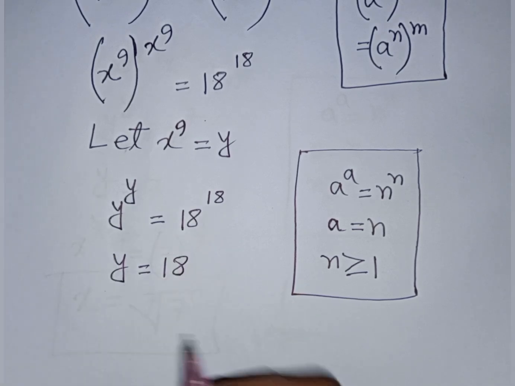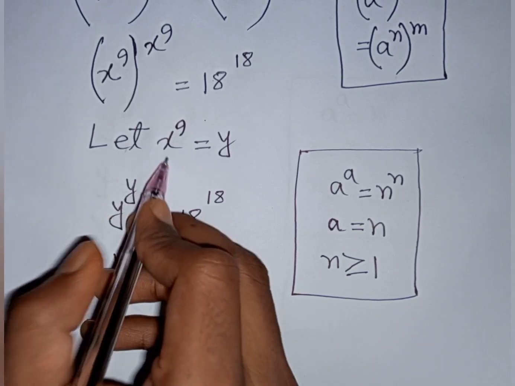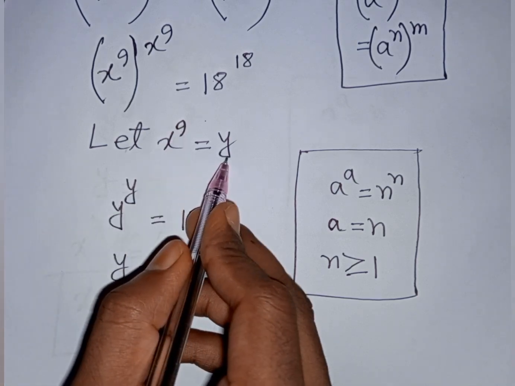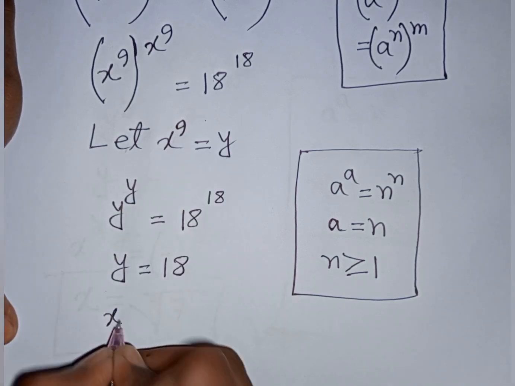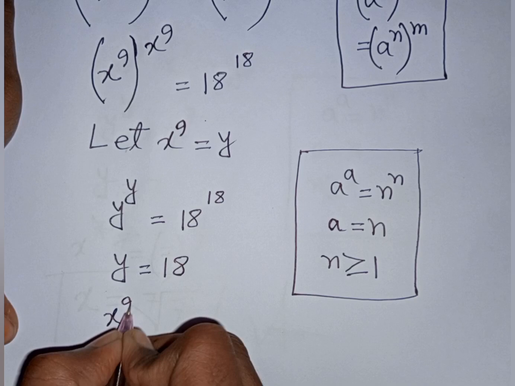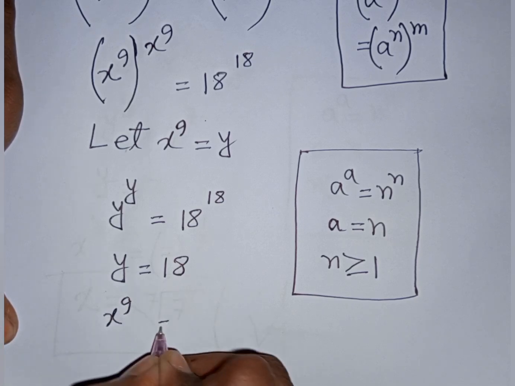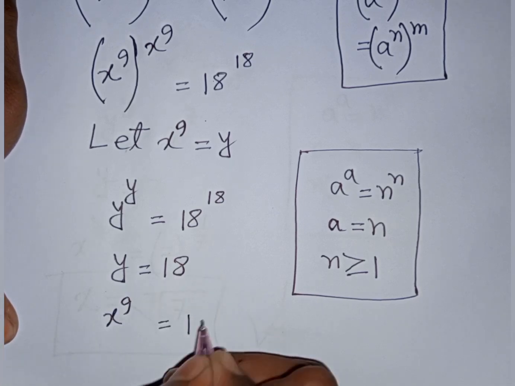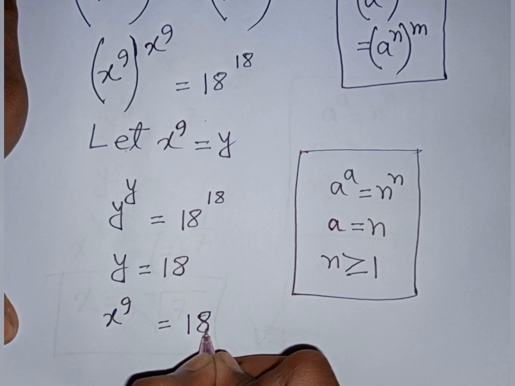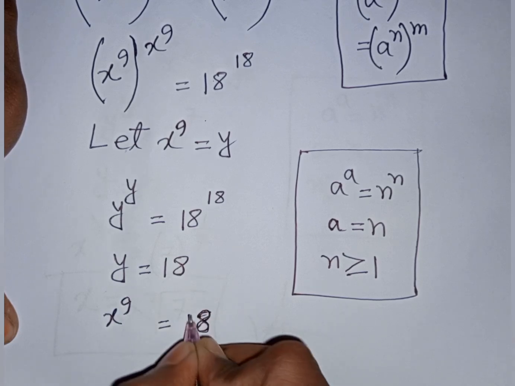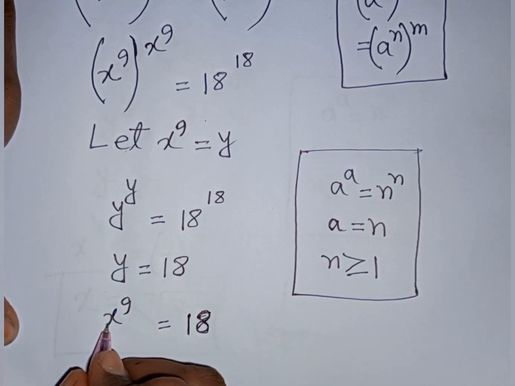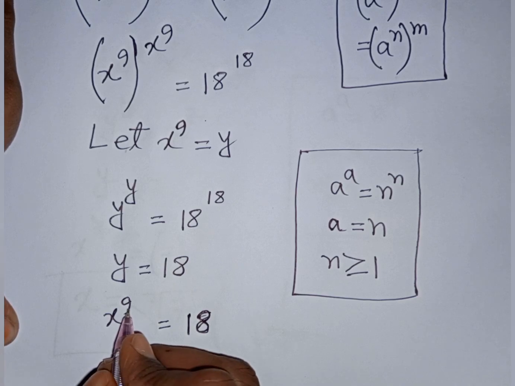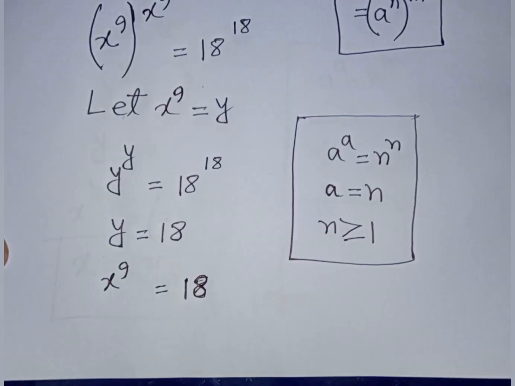But remember that x power 9 is substituted by y. So y, that means x power 9, is equal to 18. Now we need the value of x, so we multiply by power of 1/9 on both sides.